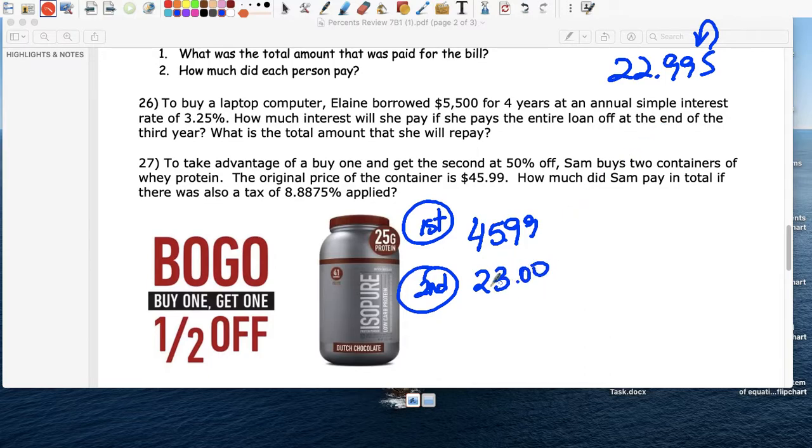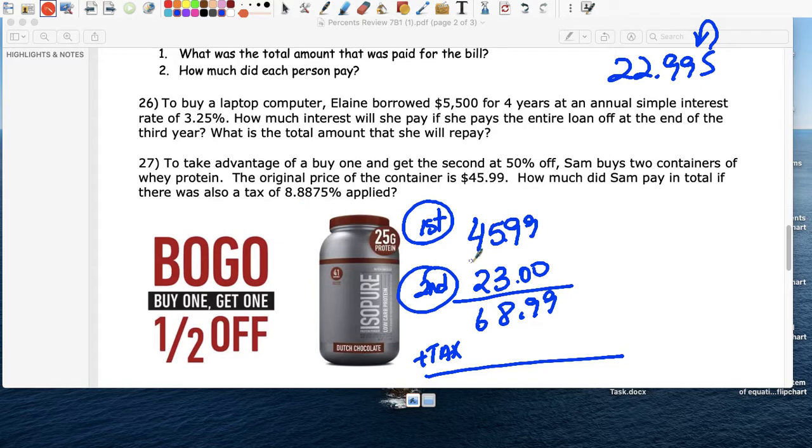The second bottle costs me $23. The first bottle of whey protein cost regular price, and the second one you took 50% off, which leaves you with $23. Your total is $68.99. Let's find the tax.